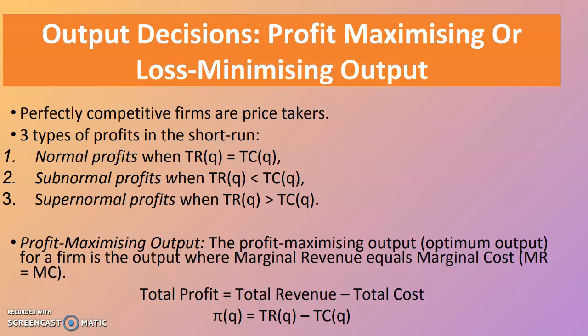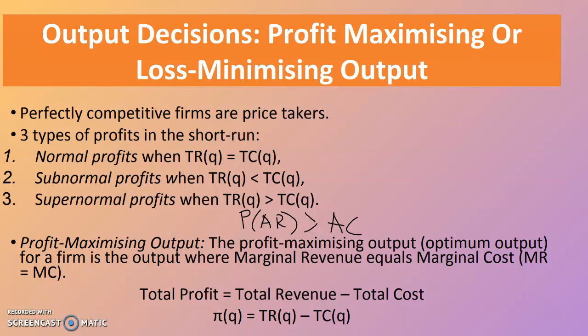So under the supernormal profit, the price or average revenue is more than average cost.